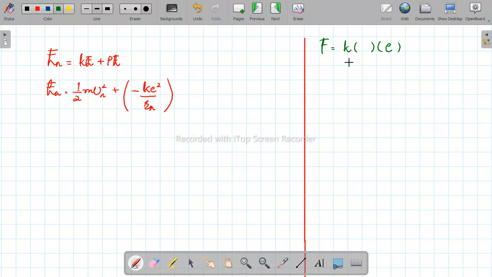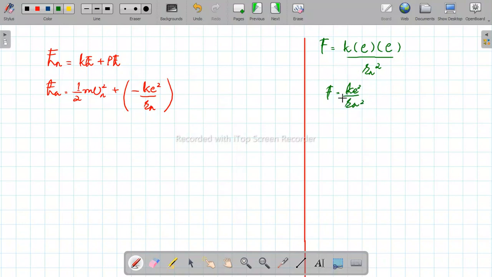And the charge on the proton exactly equals the charge on the electron in magnitude, only the nature is opposite, right? Divided by the square of the separation between these two charged bodies, and this separation is the orbital radius for the nth orbit, right? So this becomes k e square over rn square.